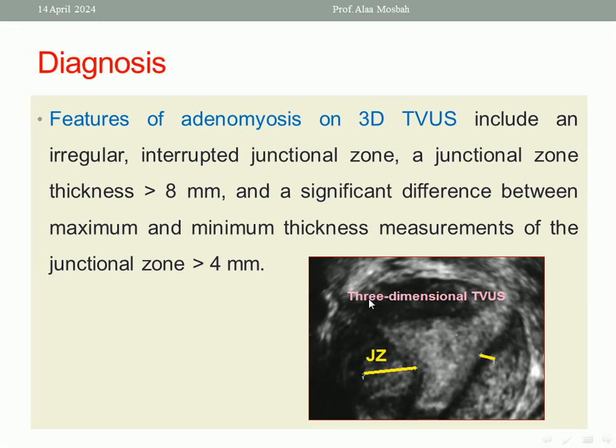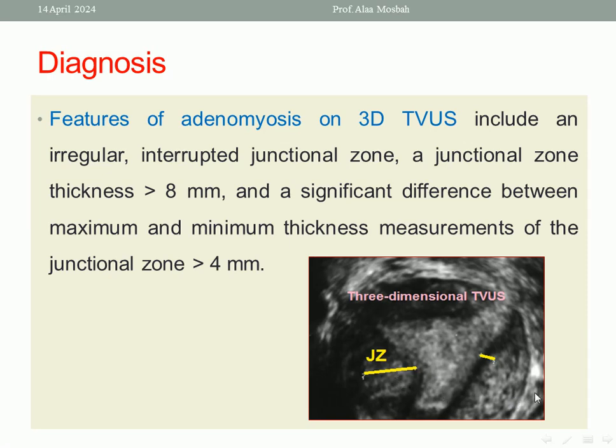Okay, let us look at this picture of three-dimensional transvaginal ultrasound. The yellow line here measures the junctional zone between the endometrium and the myometrium. And this is the maximum one, of course, more than 8 millimeters, denoting adenomyosis. And this is the minimum distance of the junctional zone. As you see, the difference between the maximum and the minimum is more than 4 millimeters.